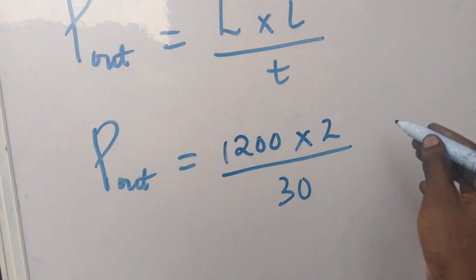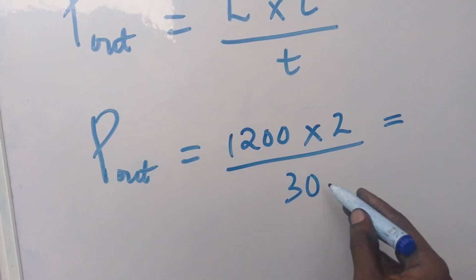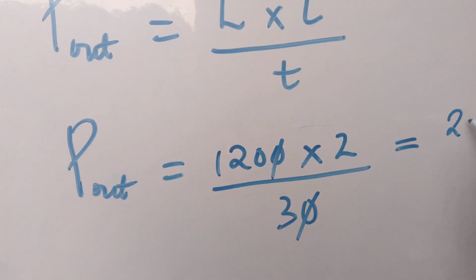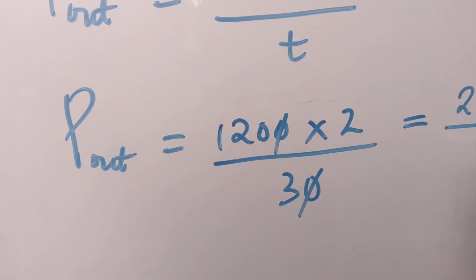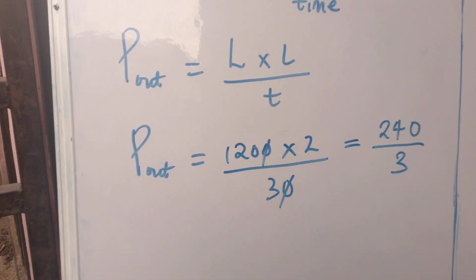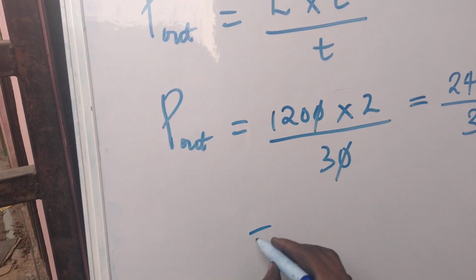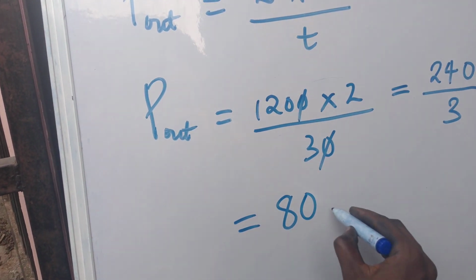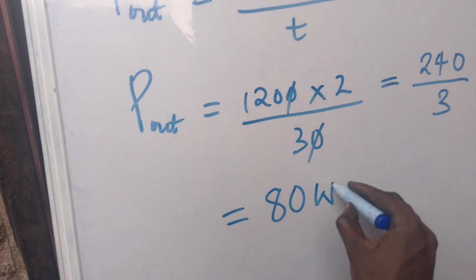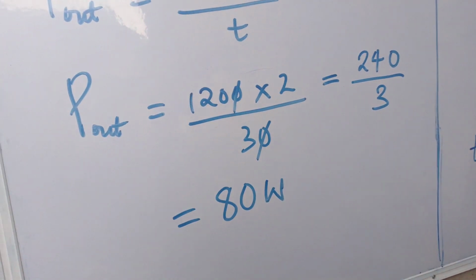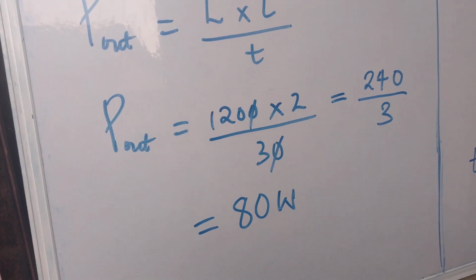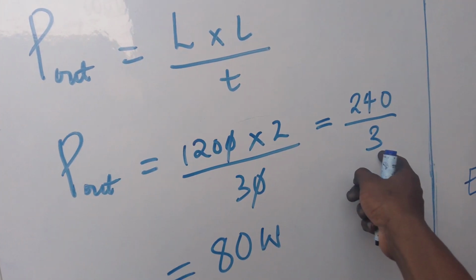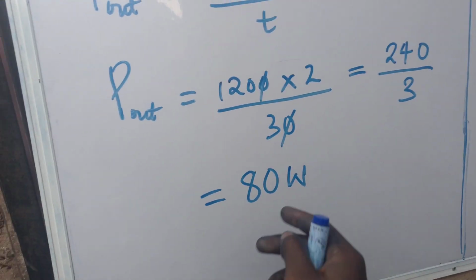Okay, so this now will give me, 0 can cancel 0. 120 times 2 now is 240 divided by 3, and 240 divided by 3 will be 80 watts. Okay, so the power output is 80 watts. So when I divide this 240 by 3, I'll have this 80 watts.